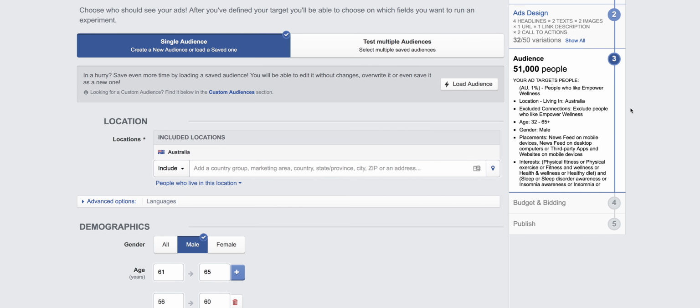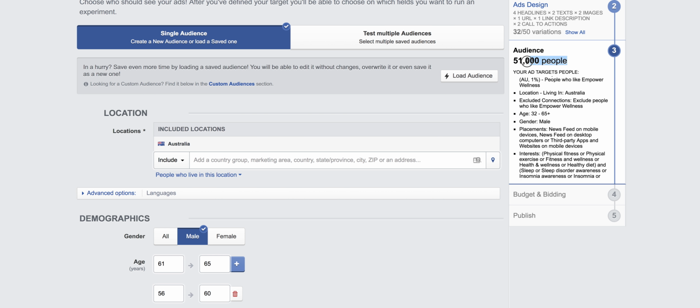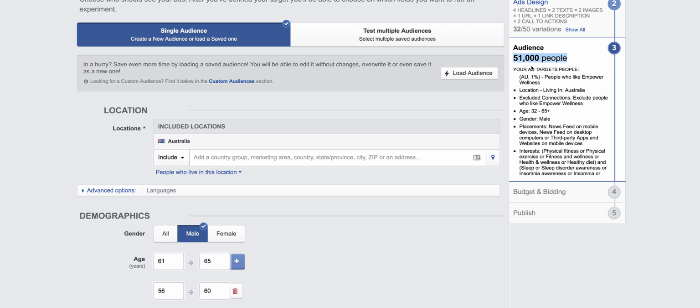We know that our male, and once again, that brings up a whole other topic. We know 51,000 are a pretty good target audience for this.